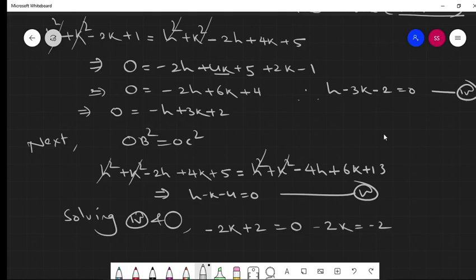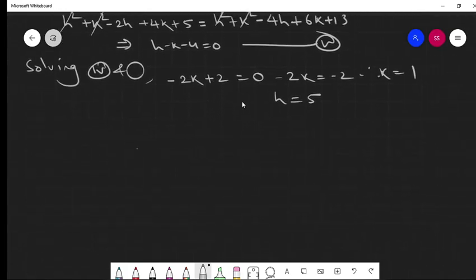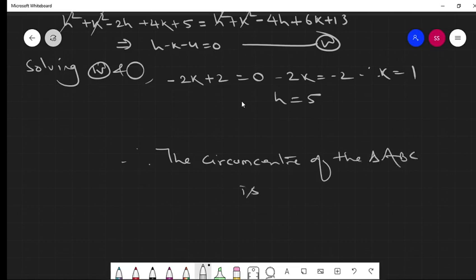Minus 2k equals minus 2, therefore k equals 1. And what is h? You can put k equals 1 here: h equals 3 plus 2, that is h equals 5. Therefore the circumcenter of the triangle ABC is 5, 1, which is already shown in GeoGebra.